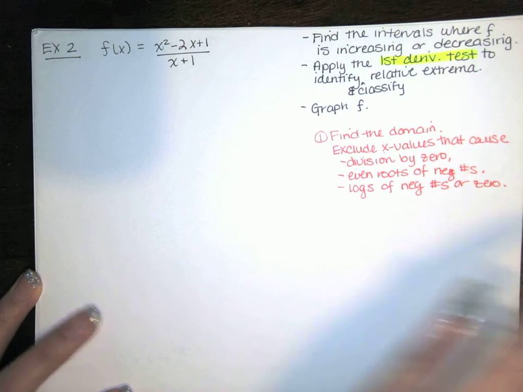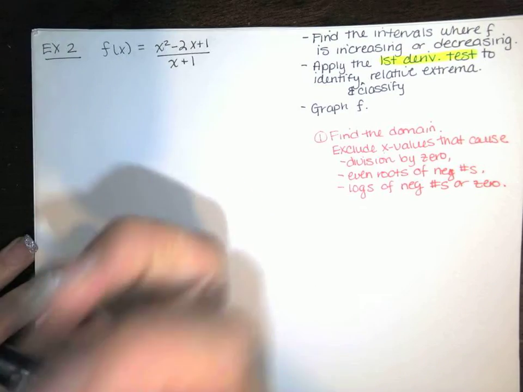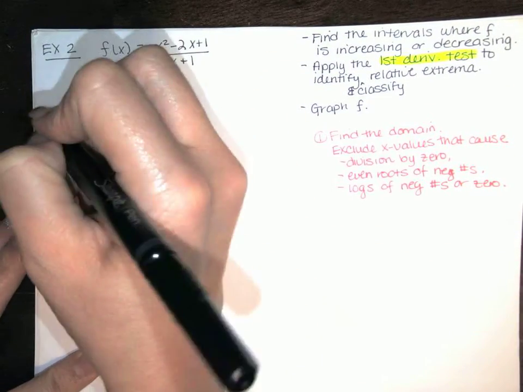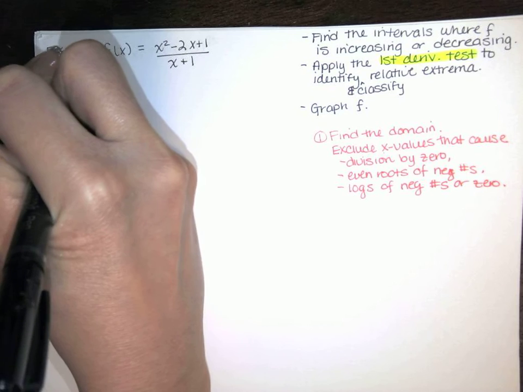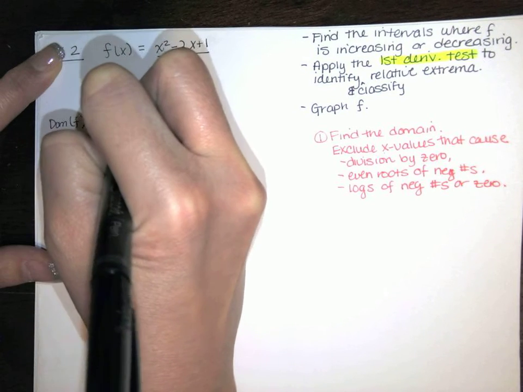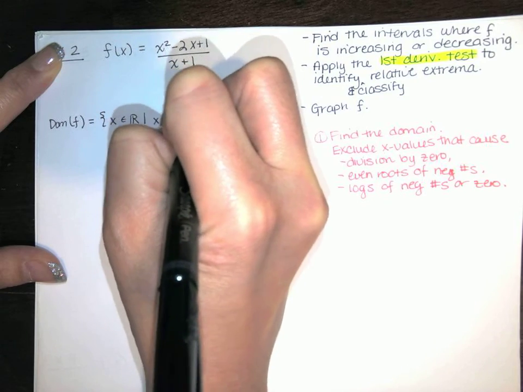So to find the domain, we're going to take this denominator and set it not equal to 0 and solve for x. So the domain of f is the set of all real numbers x such that the denominator is not equal to 0.